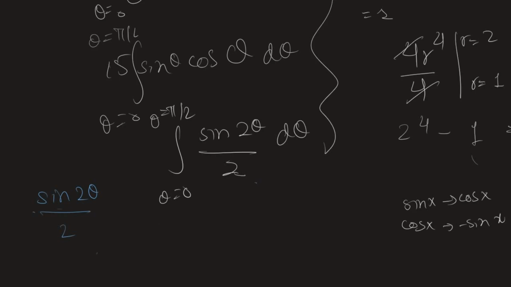So we have sine already, and when we undo it, we get cosine x, but with a negative. So we get, oops, sorry, cosine 2 theta.